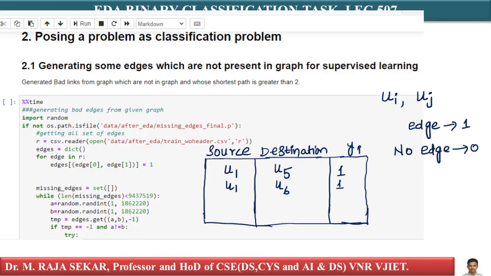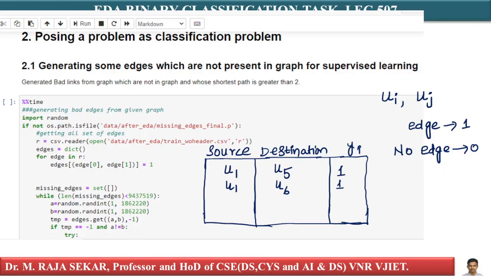So if I try to pose this as a binary classification task, in the training data given in train.csv, I only have those pairs of vertices amongst which there is an edge, isn't it?